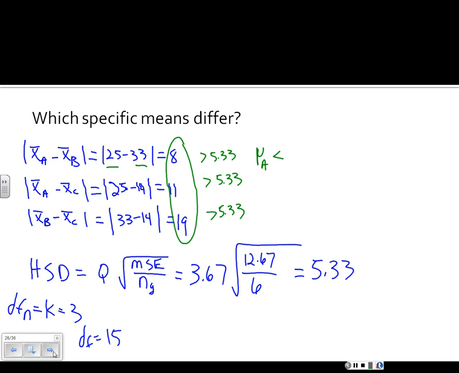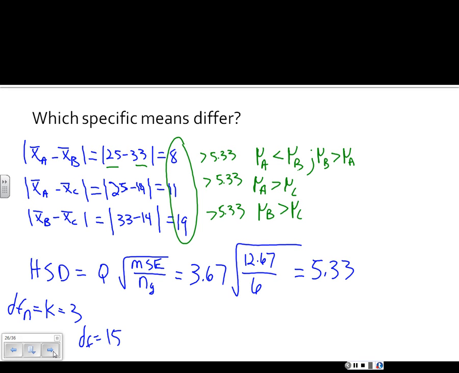It's reasonable to conclude that mu A is less than mu B. And in the next one, mu A is greater than mu C. And in the next one, that mu B is greater than mu C. You could have said this one, mu B greater than mu A. That might help you get them in order a little bit.